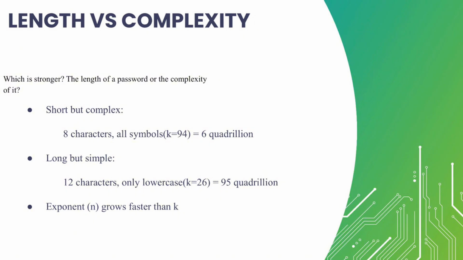And if you look at a 12-character password using only lowercase letters, it has a k of 26, which gives about 95 quadrillion possible combinations. So the longer password is actually stronger, even though it uses only lowercase characters. This happens because increasing the length, which is n, has a greater impact than increasing the number of character choices, because n grows faster than k.